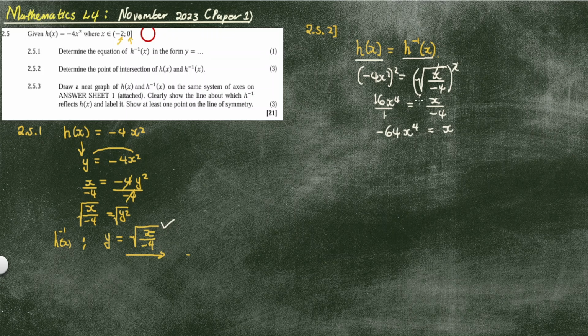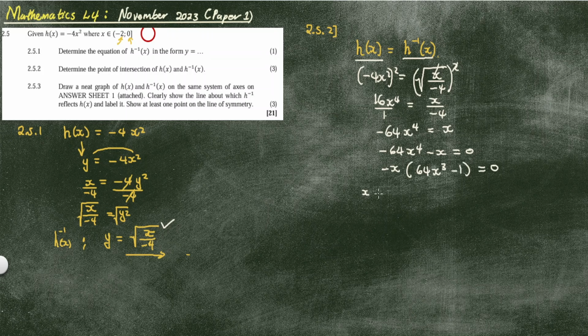The next step is to say 64x to the exponent 4 minus x is equal to 0, and take x out as a common factor. Let me take out minus x as a common factor. Then 64x cubed minus 1 is equal to 0.